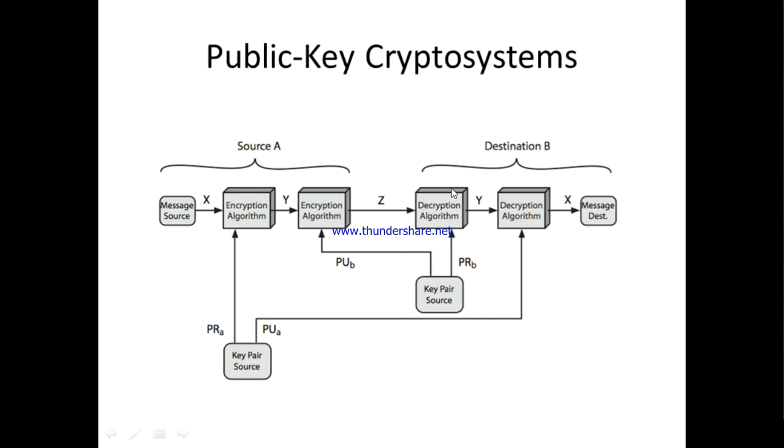To provide authentication as well as secrecy, if I use the private key of the sender, where PR means private key, then it provides the authentication, and it can be checked by decrypting with the public key of the sender.